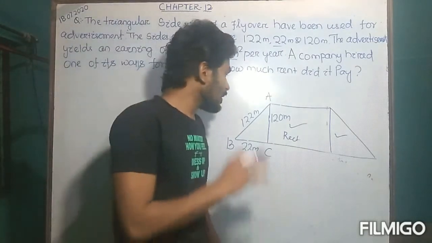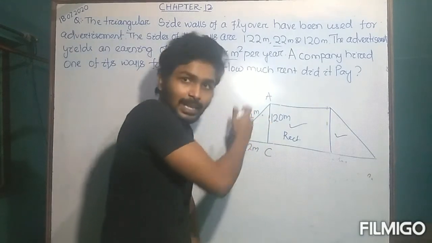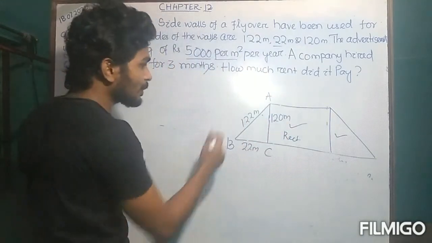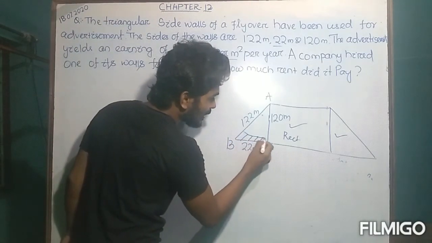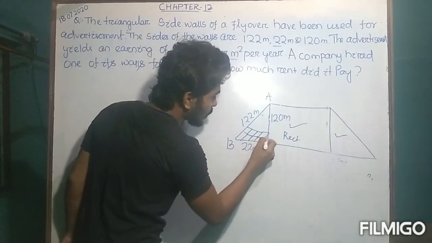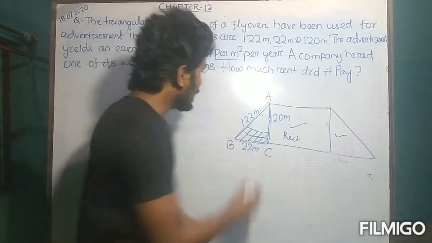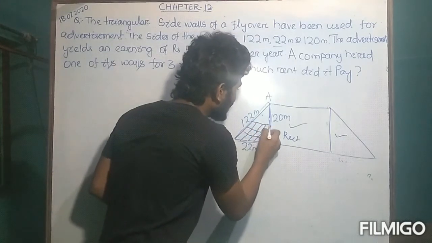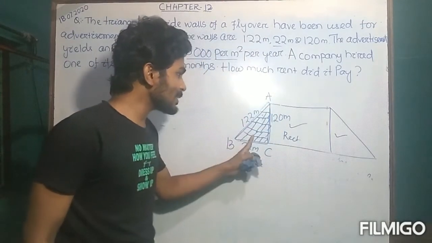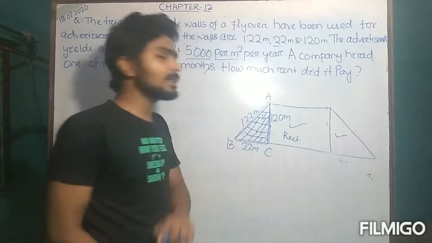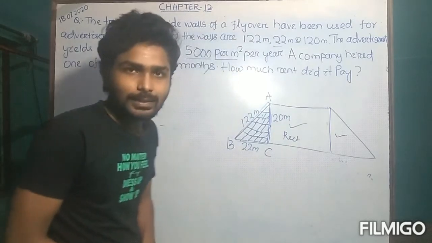It means whenever the company intends to paste hoardings over this triangular flyover wall, it will paste them inside this closed figure, isn't it? Here you will paste the hoardings. That means he has to find the area of this triangular wall.